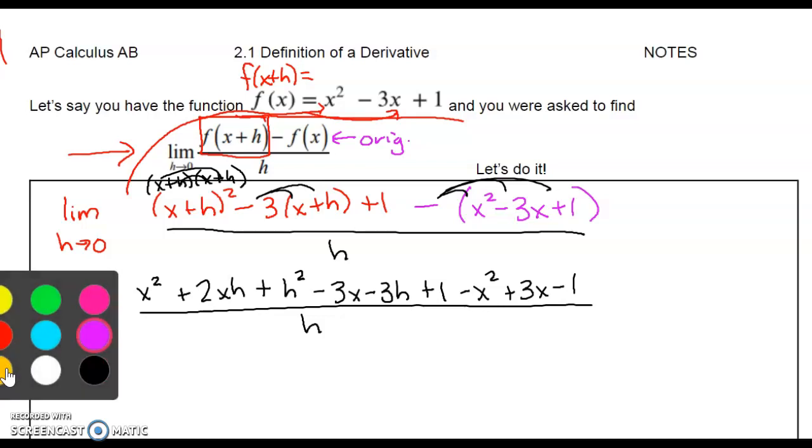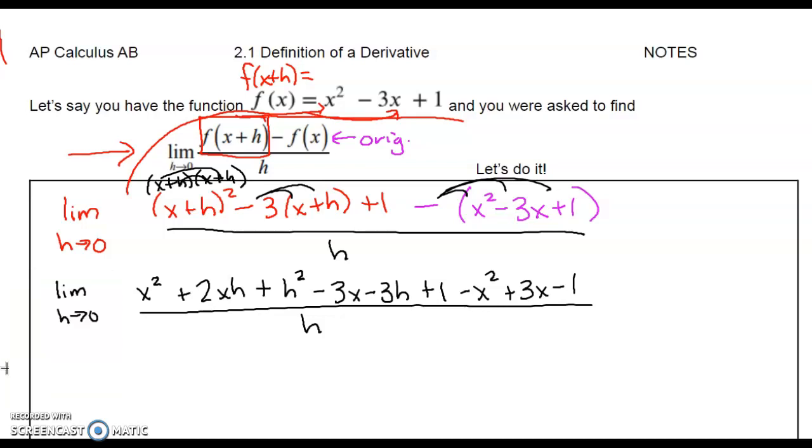All right, so now we're going to work on simplifying. So we look at what we have, and there should be a bunch of terms that cross out. So it always takes me a while because I've got to look through a bunch of items. Okay, so we're left with the limit as h approaches 0 of 2xh plus h squared minus 3h all over h.